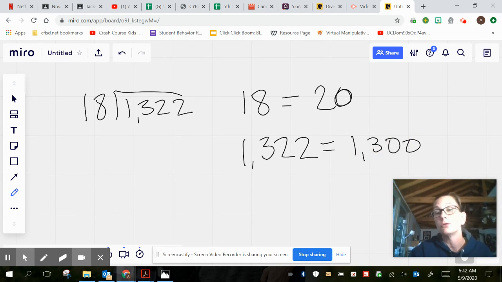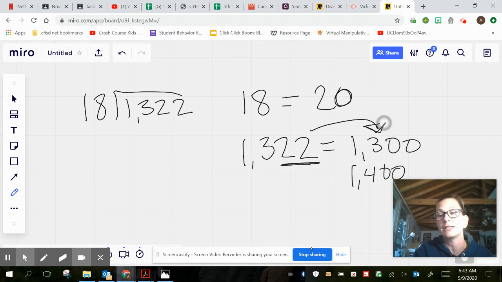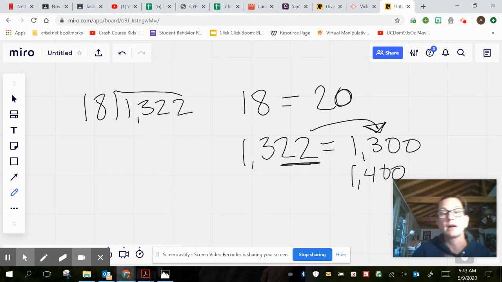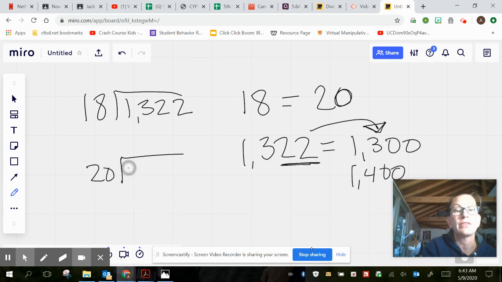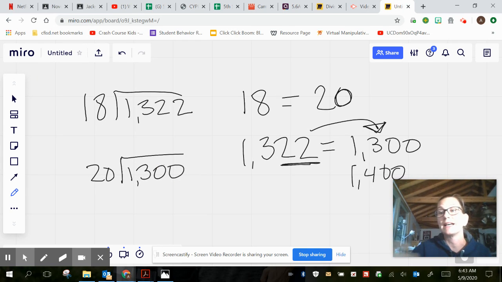It could be 1,400, but if it's 1,400, the 22 brings us actually closer to the 300 than it does to the 400. So instead of doing 1,322 divided by 18, you would do 1,300 divided by 20, which is a lot easier when you build your T-chart for your 20s.